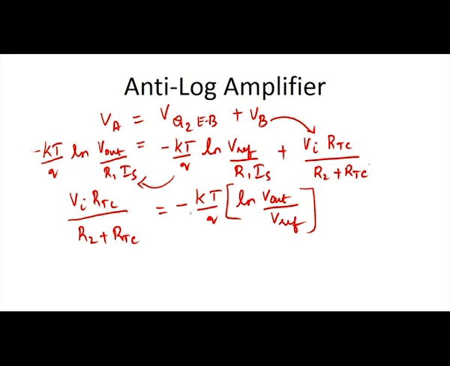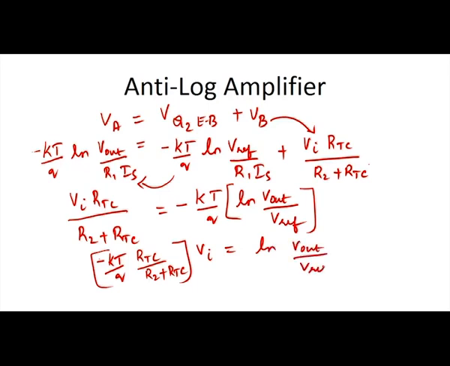So, take these terms to the left hand side: minus KT by Q, RTC by R2 plus RTC into VI, is equal to natural logarithm of V out by V reference.